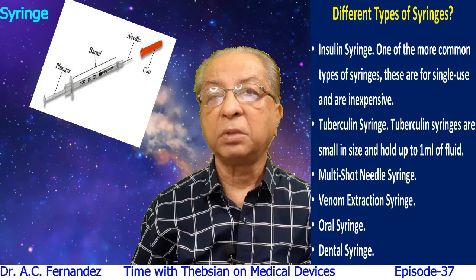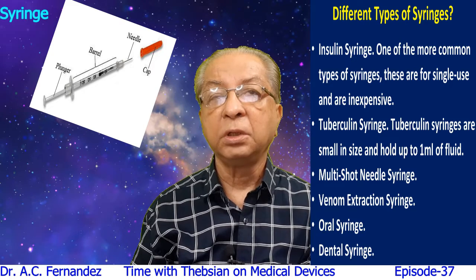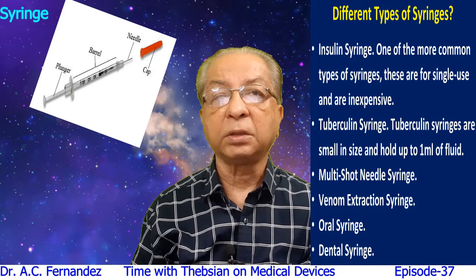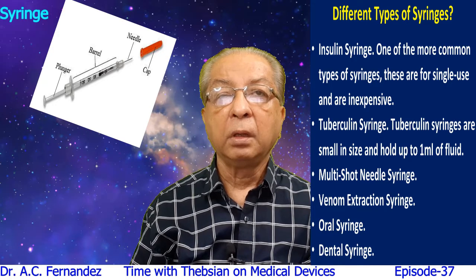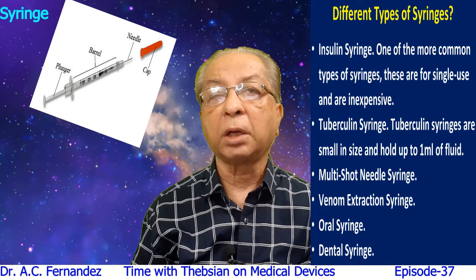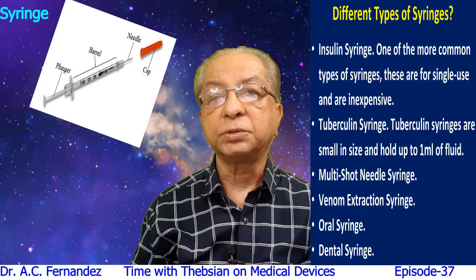Insulin syringes are measured in insulin units. They are marked also in insulin units, whereas tuberculin syringes feature decimal markings of milliliters. Each unit is equal to 1 by 100 ml, which is equivalent to a marking on a tuberculin syringe.